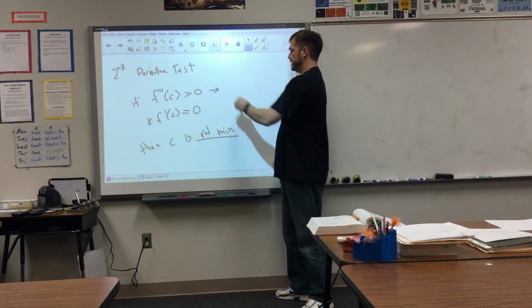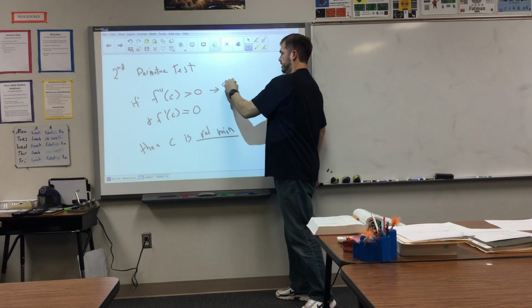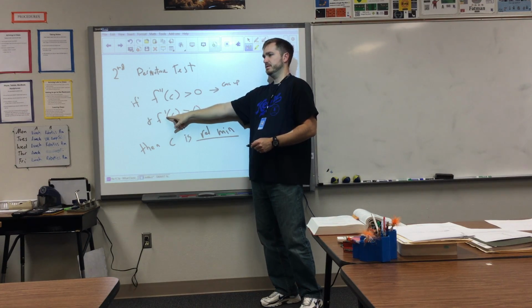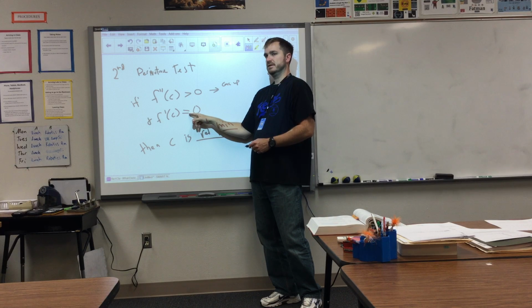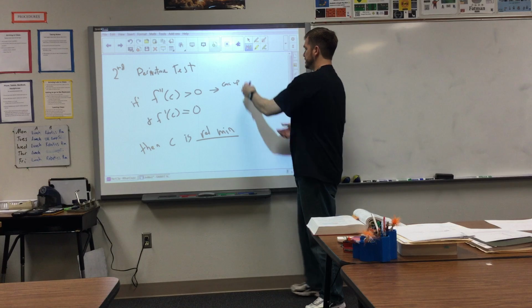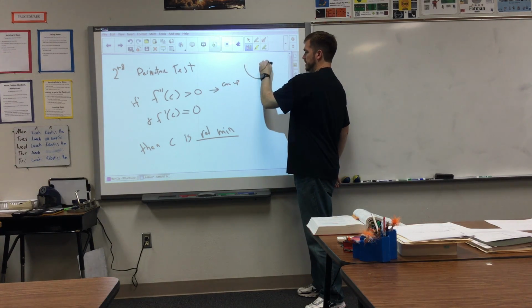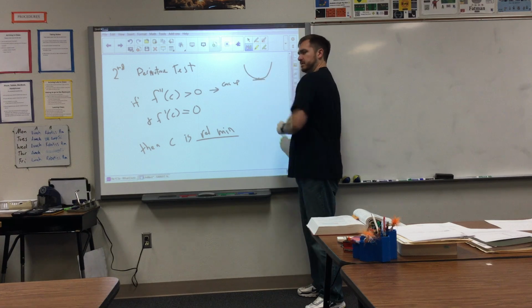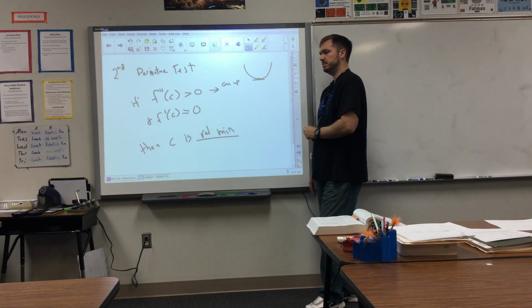Oh, that it's concave up. So you're concave up. What does this mean? That it has a horizontal tangent line. So if you've got something that's concave up and has a horizontal tangent line, there's only one place where there's a horizontal tangent line. That is at the relative minimum.